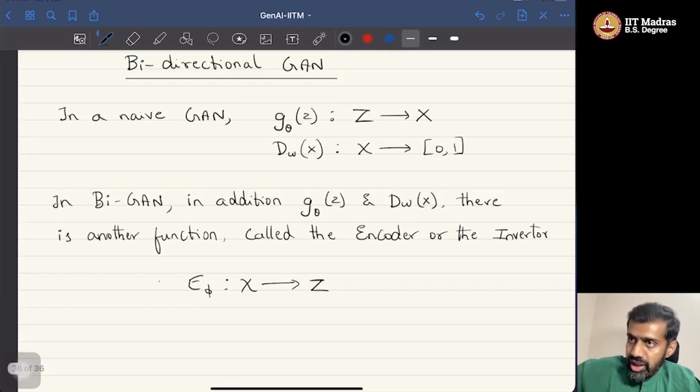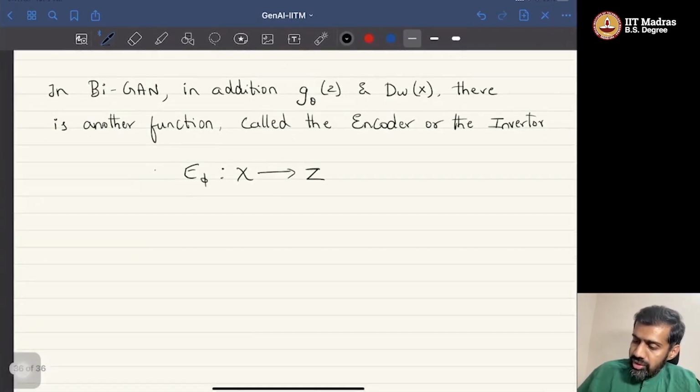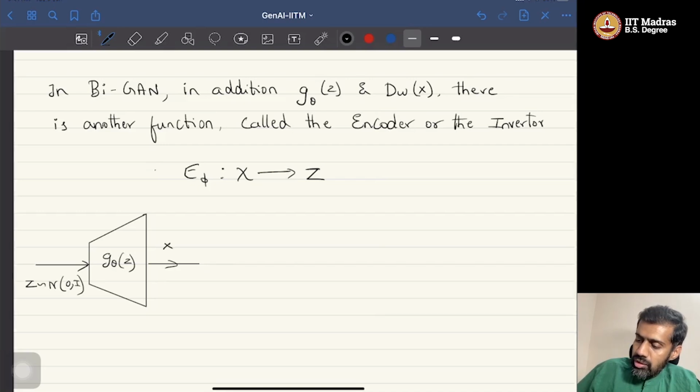Okay, so if I write it diagrammatically, we have a generator function. This generator function would take data from Gaussian distribution and map it to the data distribution.